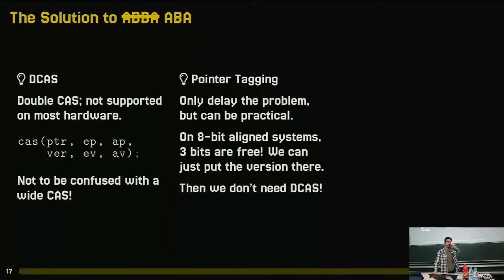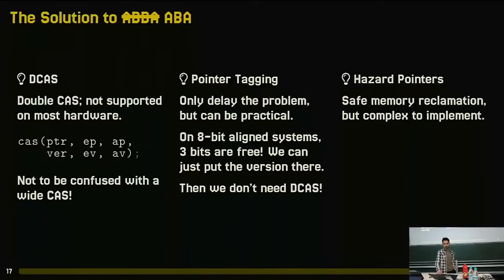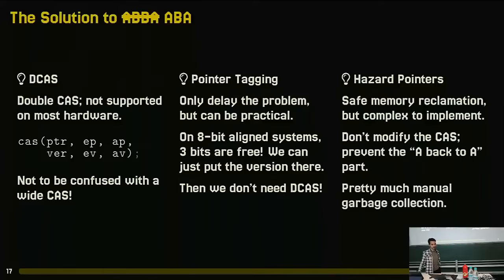But as I said, I don't think that this operation is present in x86, which is why pointer tagging exists. Another solution might be hazard pointers, but as I'm already 5 minutes over time, I'm going to skip that.